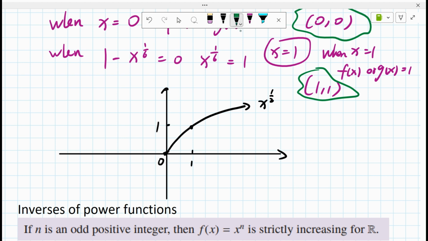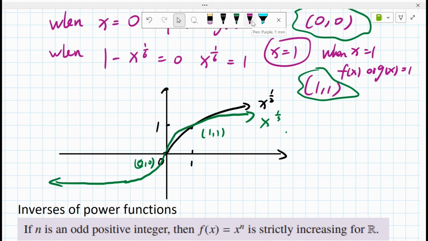Okay, next one is going to be like that, and also like that. Perfect. So that is x to the power of 1/3. There you go. It shows (1, 1) and (0, 0). And there you go. That's your graph for both f(x) and g(x).